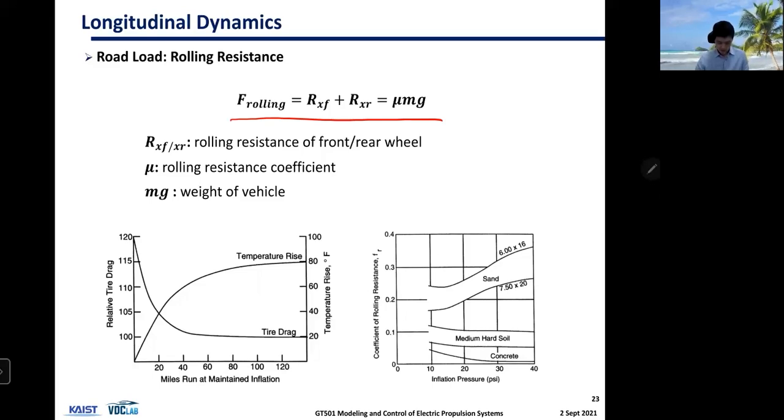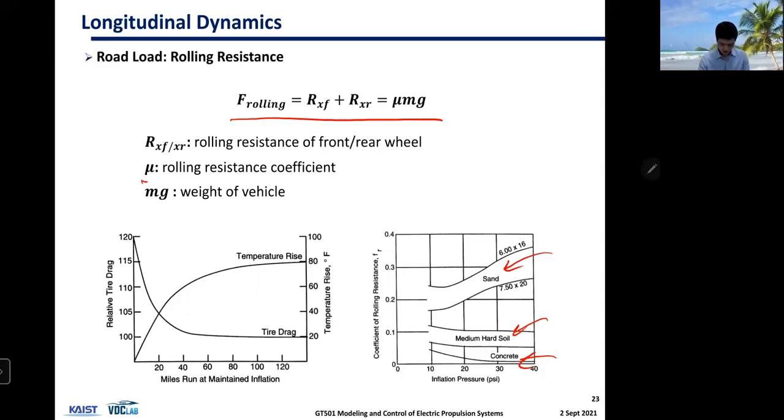And this value can change with respect to the road condition. So this figure shows that. And also temperature has an impact on that.